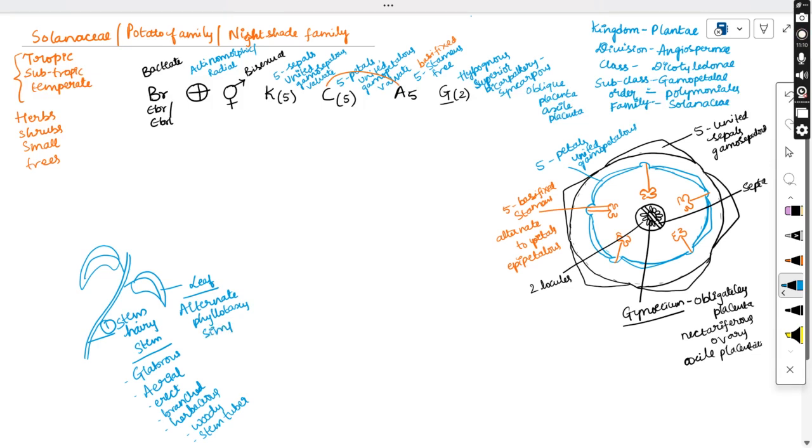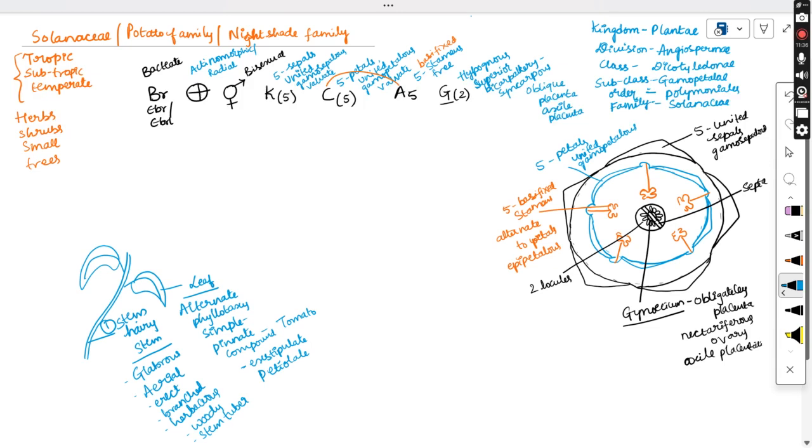And all the leaves are of the simple type. In rare cases, like in the tomato, you can find pinnately compound leaves. So mostly they are simple, but pinnately compound leaves can be seen in plants like tomato. And they don't contain any stipules, so that's why they are exstipulate. And it will contain the stalk.